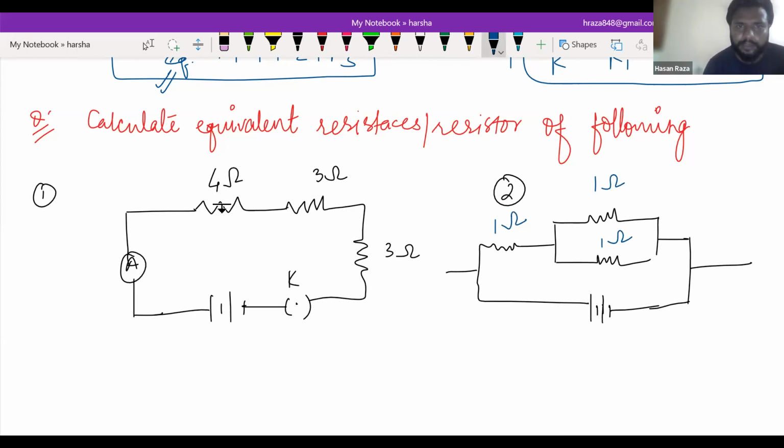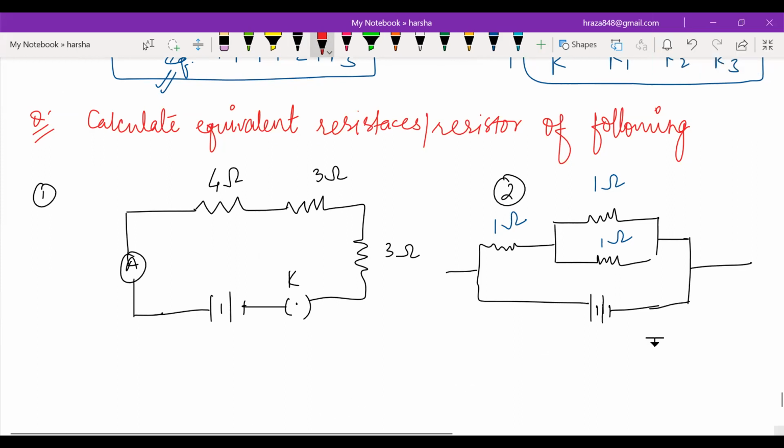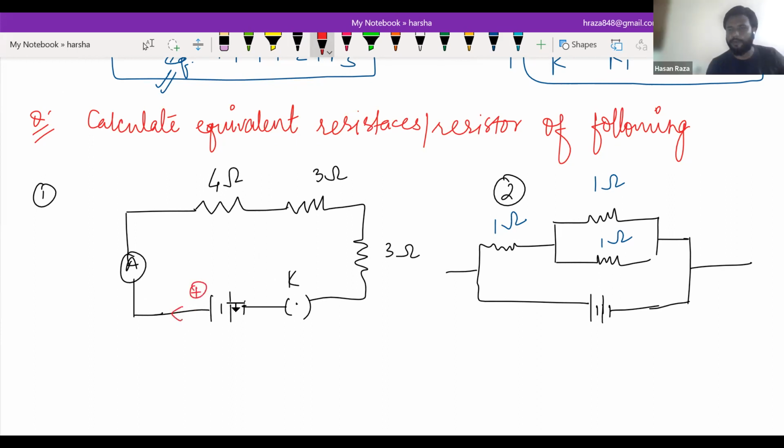See, I'm going to explain it. Then I will give you some homework. Then you will practice. Okay, Harsha? Okay, sir. See, current will start from the positive terminal, and how will we recognize whether it is positive or negative? The big one is positive and the smaller one is negative.